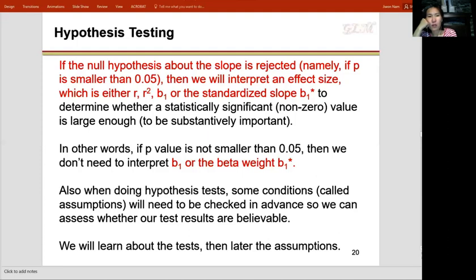In other words, if the p-value is not smaller than 0.05, we don't need to interpret b1 or the beta weight b1 star. Hopefully you understand this kind of logic.